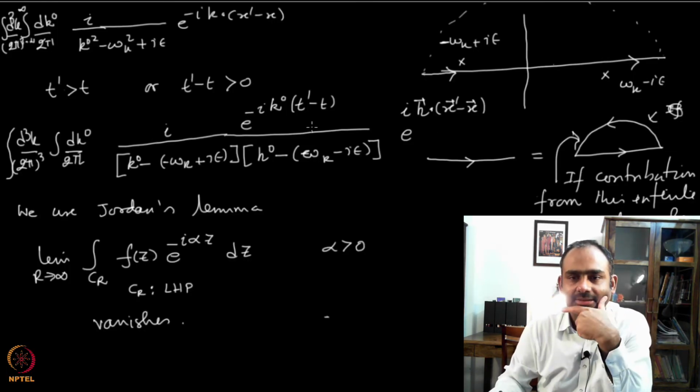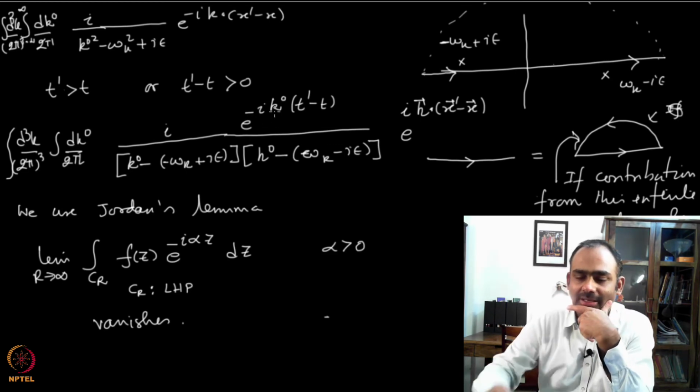So, here you will get e to the minus I omega k t prime minus t.